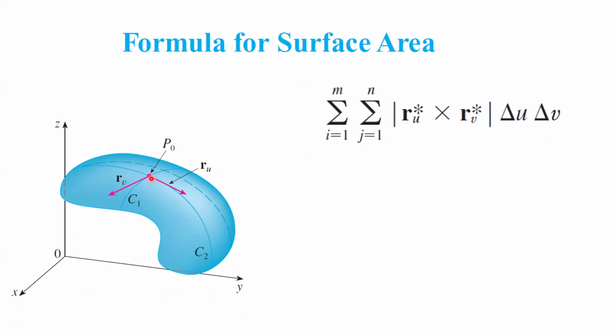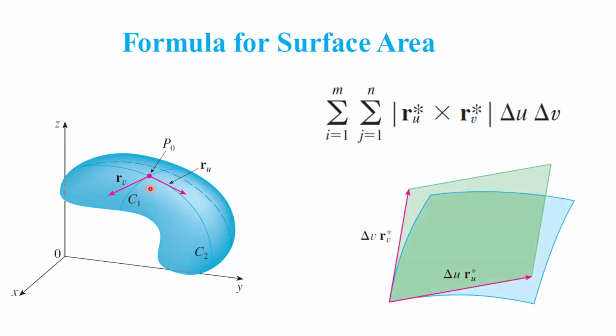So you're creating small rectangles on the surface, using small tangent planes, and then adding them all together to find the area of the surface. This is the idea behind it.